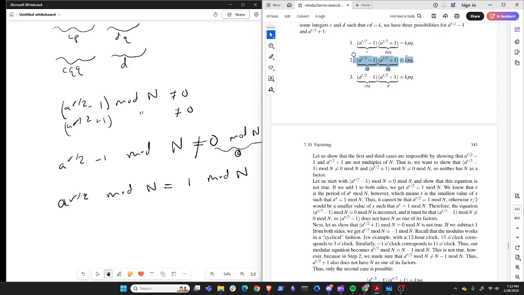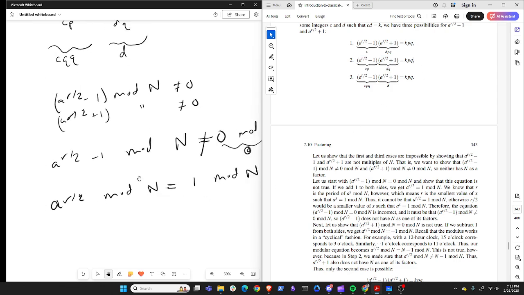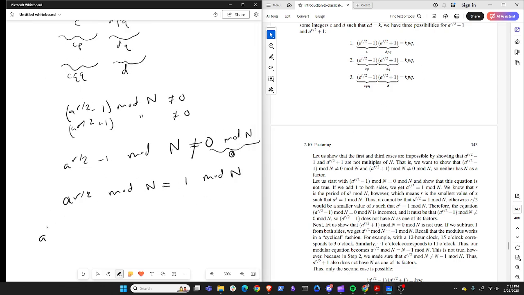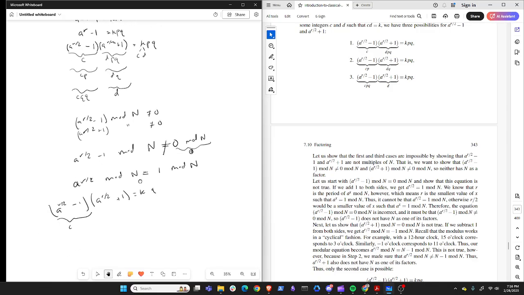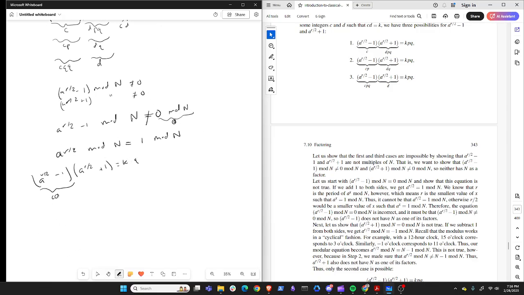So therefore we can explore the second case, where a^(r/2) minus 1 times a^(r/2) plus 1 equals kpq, and this one is equal to cp, and this one is equal to dq.